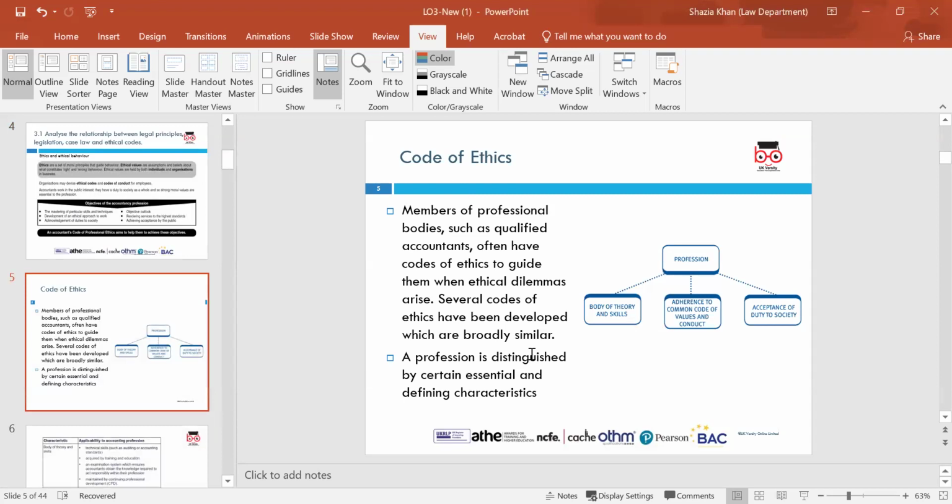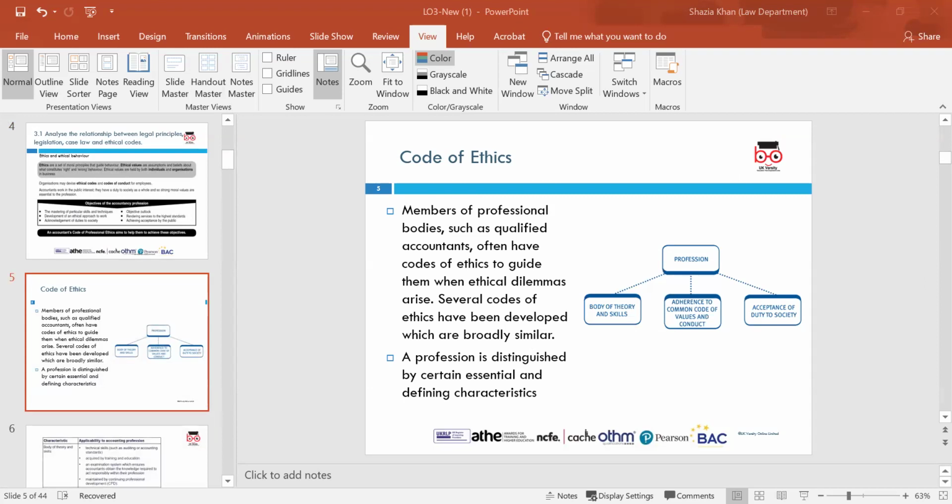Codes of ethics, many organisations have to follow codes of ethics, okay? Being a professional body, you need to be registered and you must follow the codes of ethics. So if you're an accountant, you would follow the codes of ethics, you sign up to ethical characteristics.